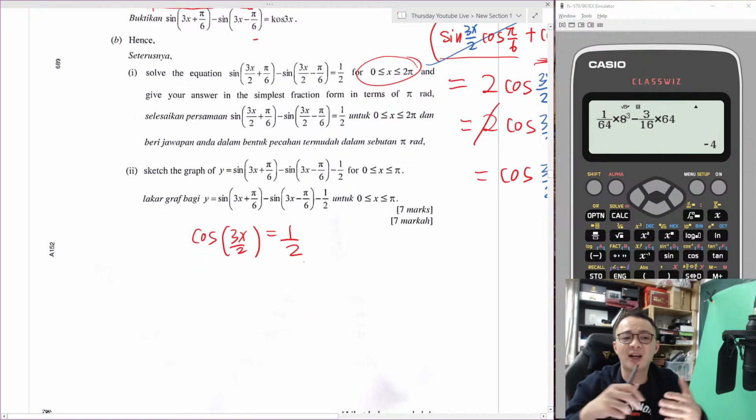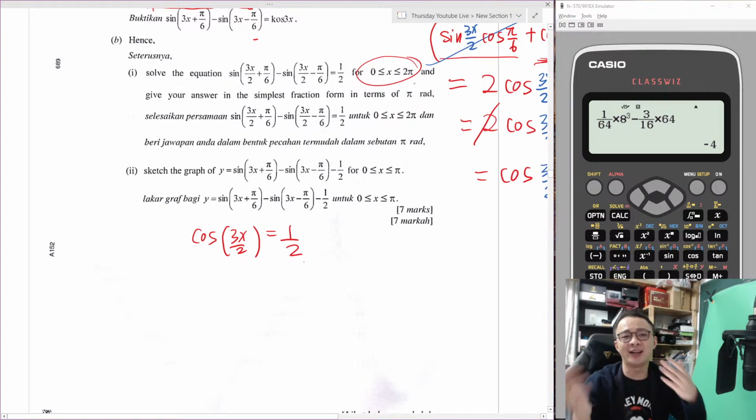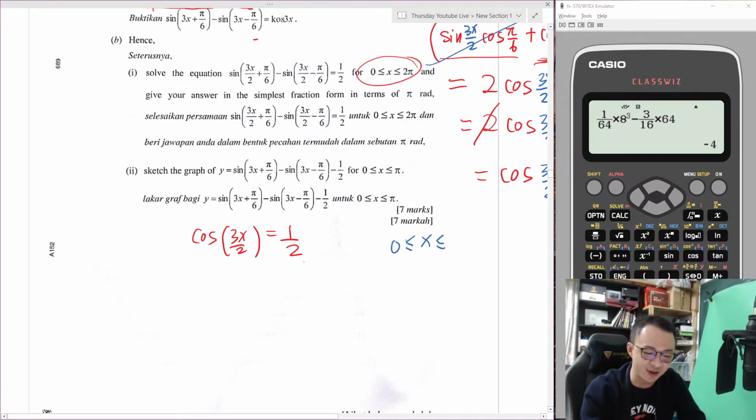Alright, after you understand this one, we need to solve it. Solve basically means I want to find an answer for x here. So I have the range here. This range is important. It tells me how many angles I need to find for 3x over 2. This one is range for x, it's not the 3x over 2. So in order to make the 3x over 2, I need to times 3 over 2 for the first one, times 3 over 2 for the second one. So 0 times anything, I get back 0.